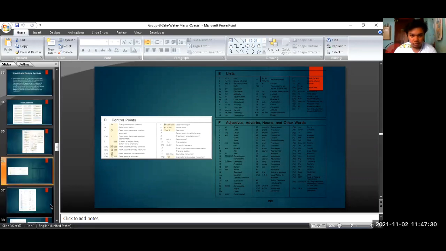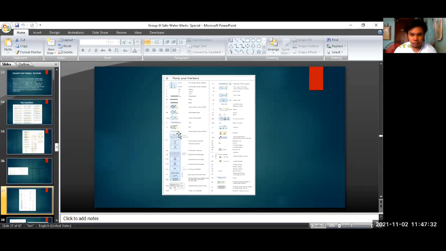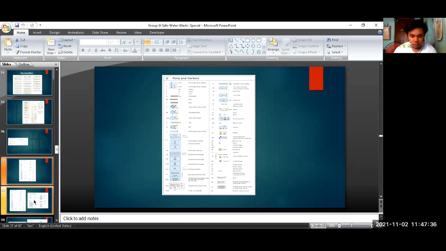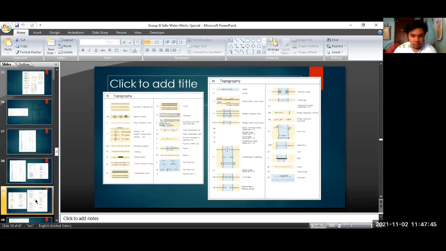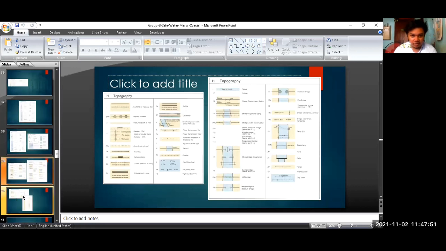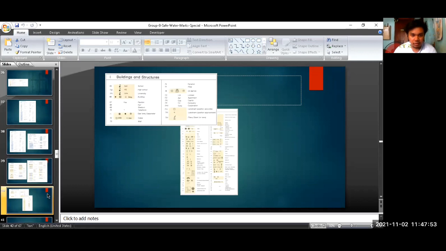And next slide is the ports and harbors. Next is continuation, ports and harbors. Next is the topography. Next are the buildings and structures.